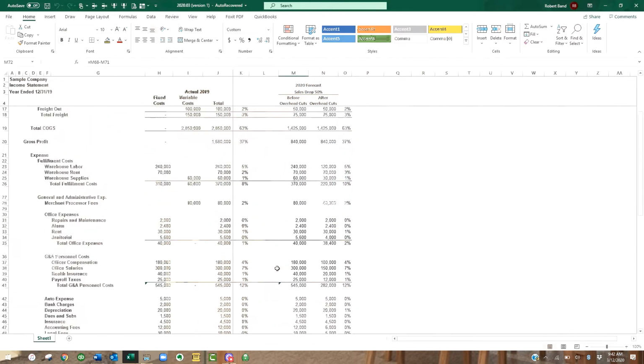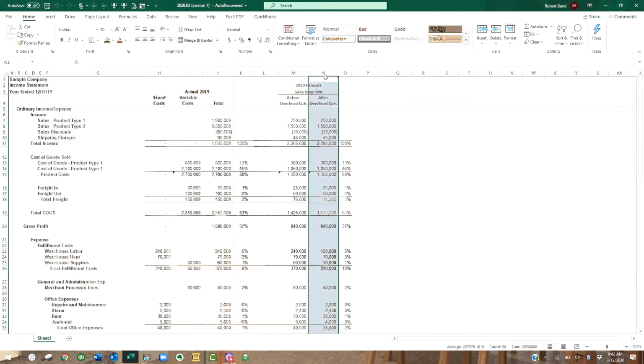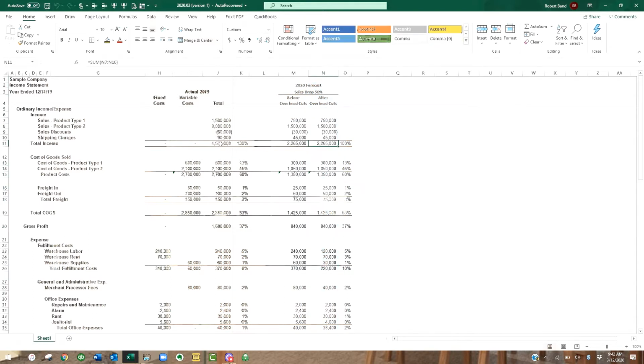So here is where decisions can be made. This is also where the breakdown between fixed and variable comes in handy. Let's assume this column here will be after we cut overhead. Sales are half of what they were in 19, and let's assume all the margin and cost of goods and everything stays the same.